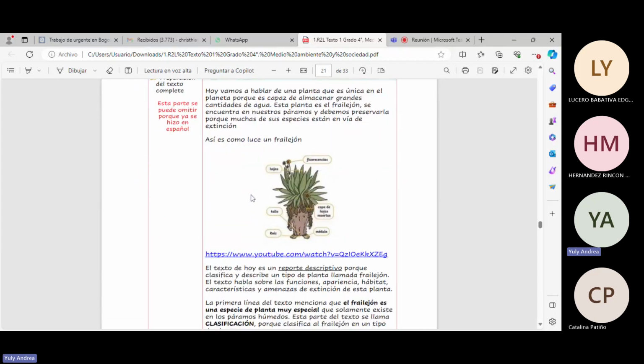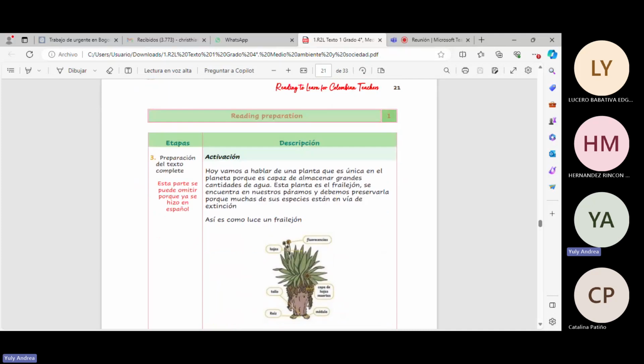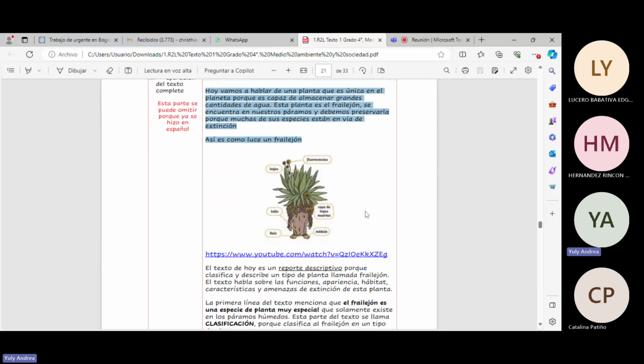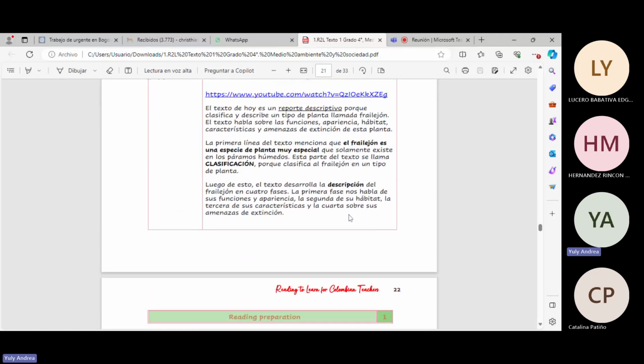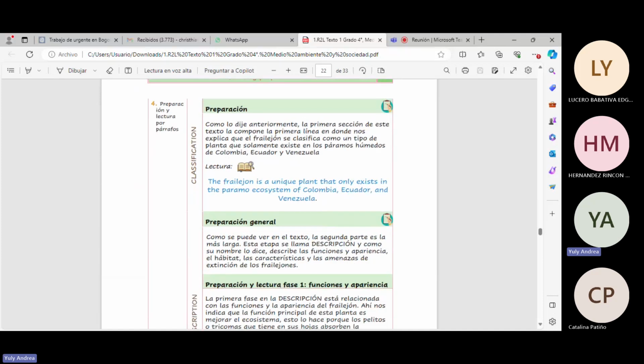It depends on the context. Like, for example, here, I planned the explanation in Spanish, but then the reading is in English. So, for example, here it says, como lo dije anteriormente, la primera sección de este texto la compone la primera línea.